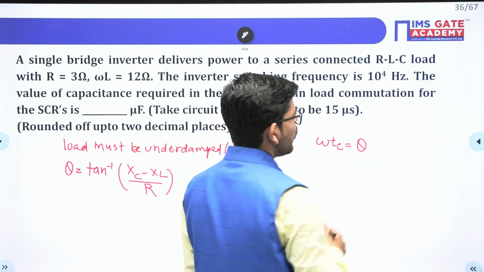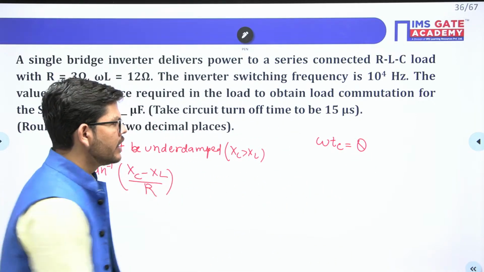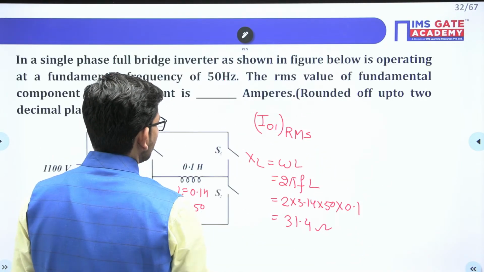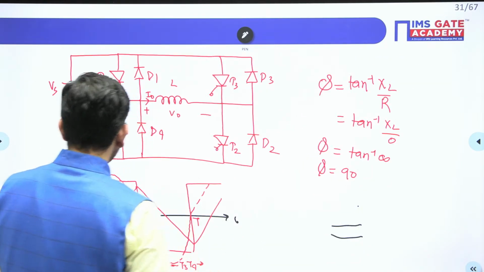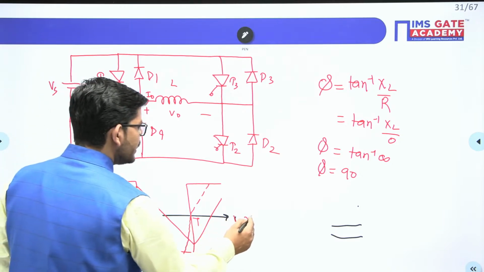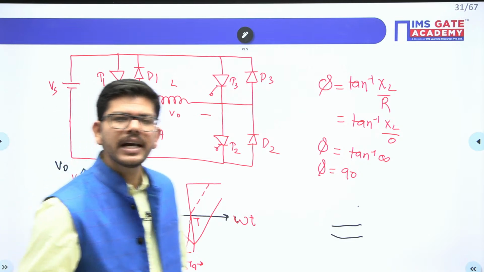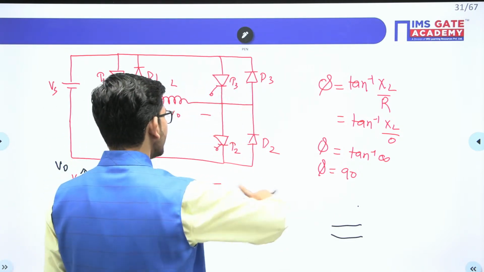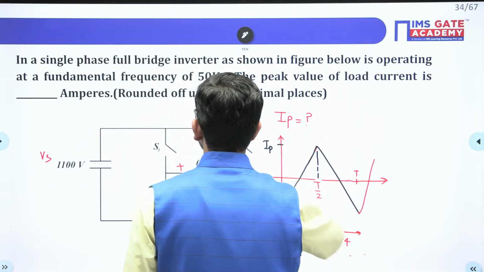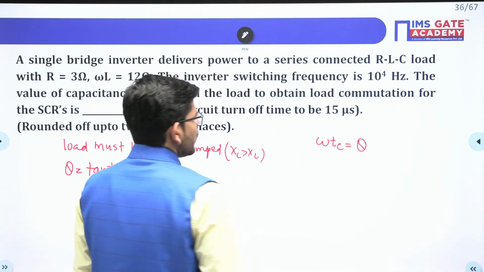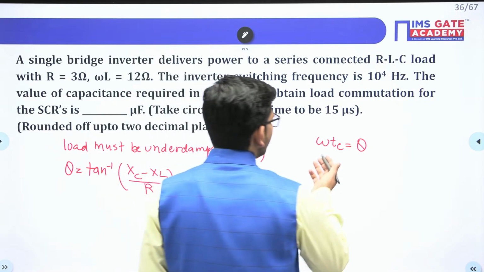If you see in this curve which we have drawn here, this is the omega t, and phi is the duration by which the current is leading or lagging the voltage. So this omega t will be equal to theta, or we can calculate theta by using omega tc.